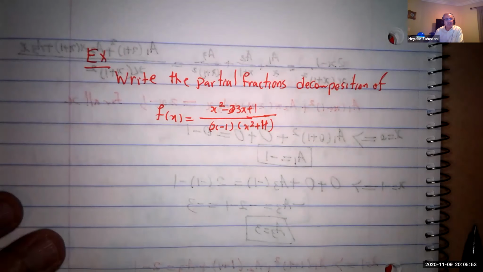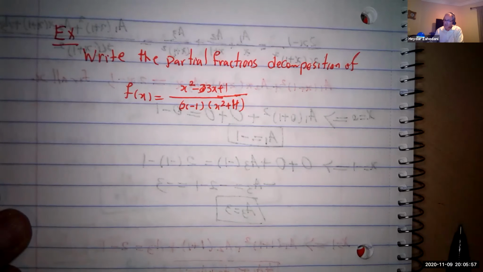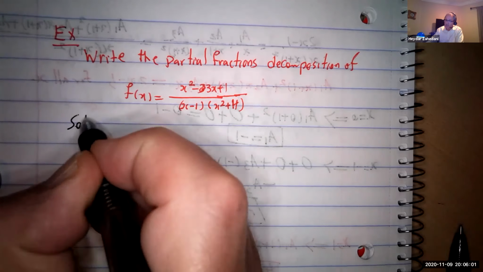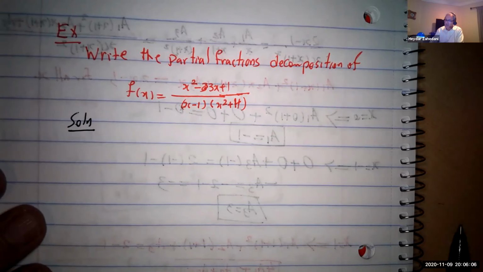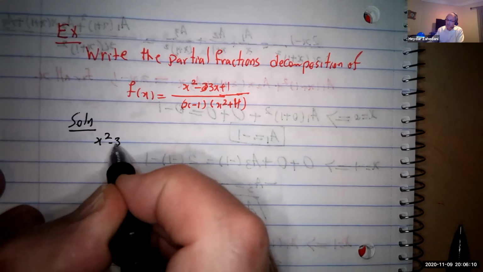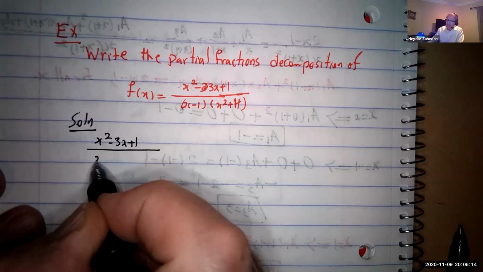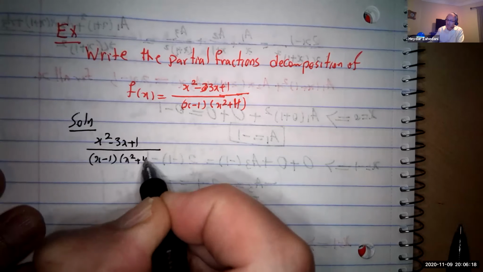Solution. There is going to be just a technical point regarding how we're going to find those coefficients, which is a little bit different. Okay, solution. So a bracket, and this is it. You're going to start with the given one. It's going to be x squared minus 3x plus 1. And over here we have x minus 1 times x squared plus 4.